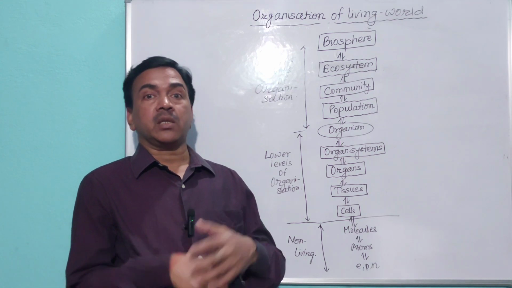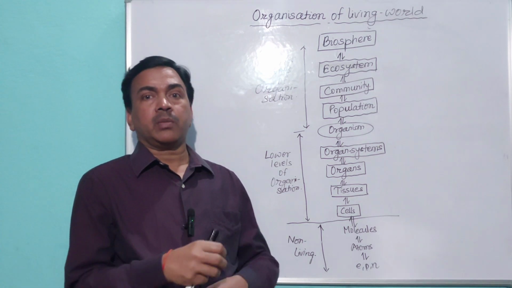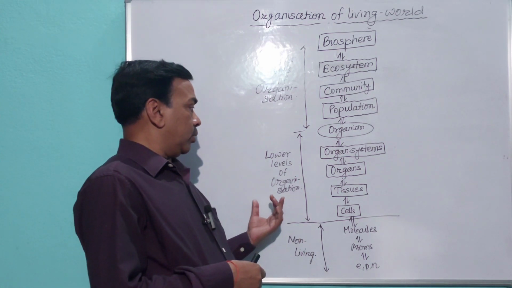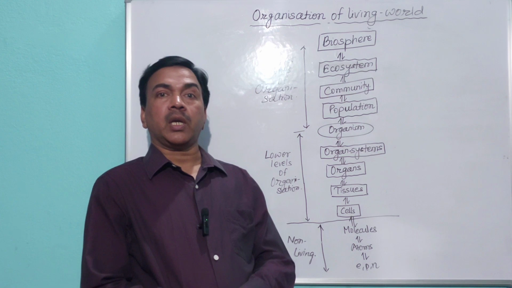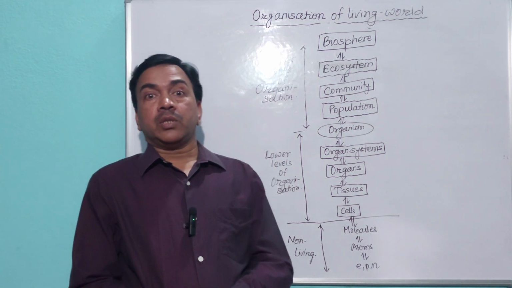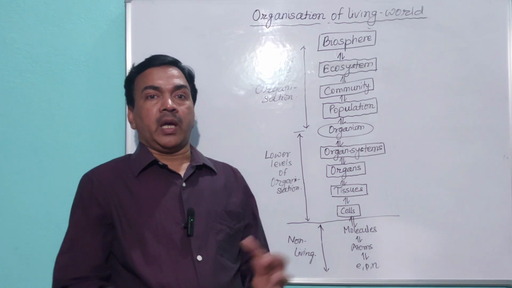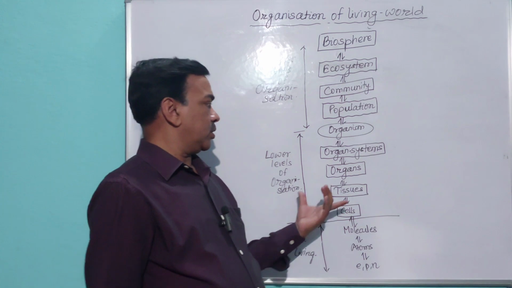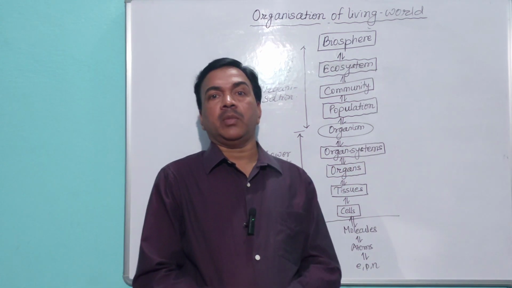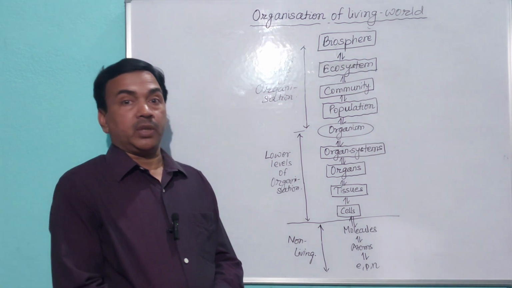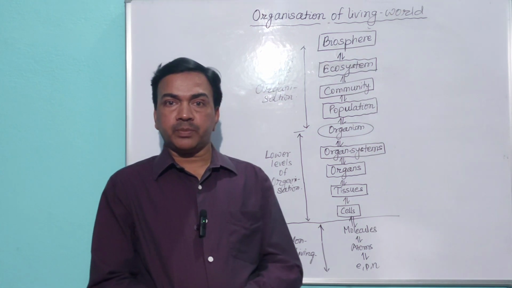So different types of cells constitute the next lower level of living organization, that is tissue. The aggregation of different types of tissues constitutes the organs of the body. So organs are made up of different types of tissues.